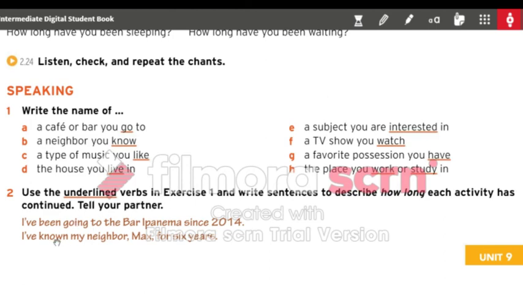Like here, I've been going to the bar Ipanema since 2014. Or I've known my neighbor Max for 6 years. Or like in letter F, that is a TV show. Imagine that you are watching a certain TV show and you can say, I've been watching this TV show since last year or for 6 months. All right. So you're going to write a total of 8 sentences and then you're going to call your classmates to tell them about those sentences.